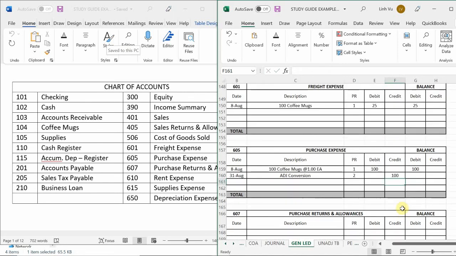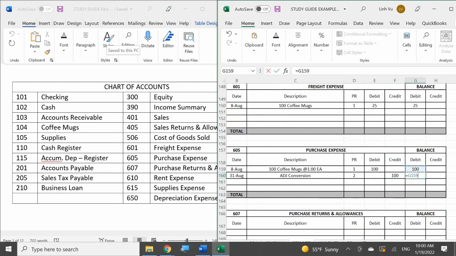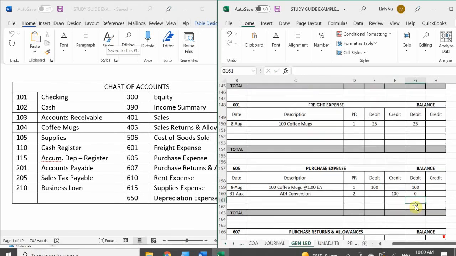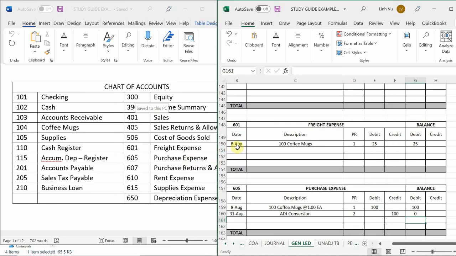Purchase first. Okay, so therefore this should give your account balance to zero, and then your freight expense, which should bring your account down to zero.